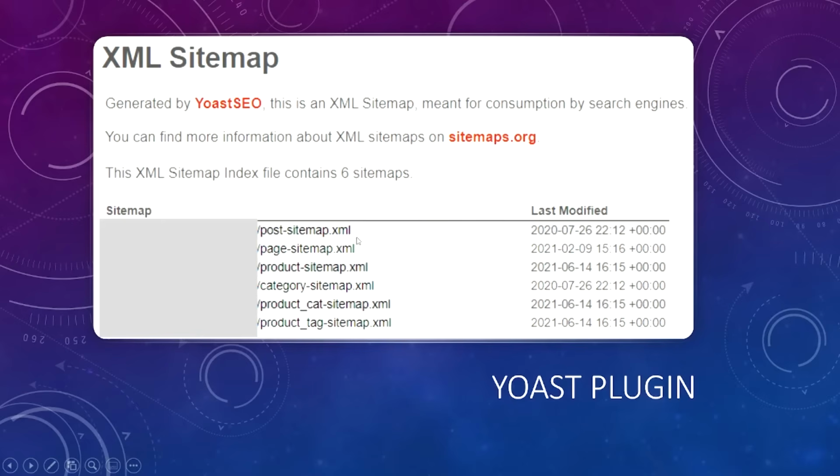Okay, and it just creates a directory that the site's search engines can go through and find your site a little bit easier. And every time you update it, if you use Yoast, it'll automatically update your sitemap. You don't have to keep redoing your sitemap.